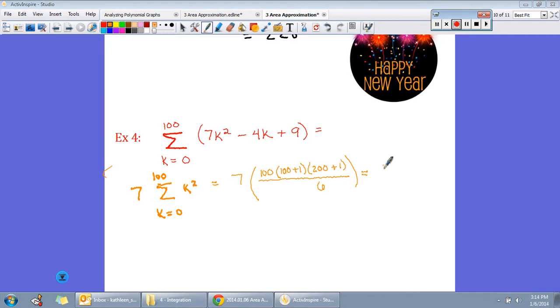When you calculate that out, you should get 2,368,450. Okay, then we're going to look at the negative 4k. So I'm going to write that as 4 times the sum from k equals 0 to 100 of k. So this is going to be 4 times, and the power sum formula for just k is going to be 100 times 100 plus 1 all over 2.